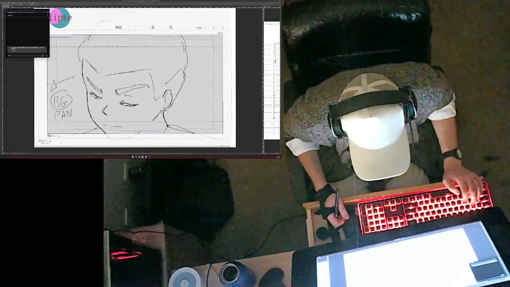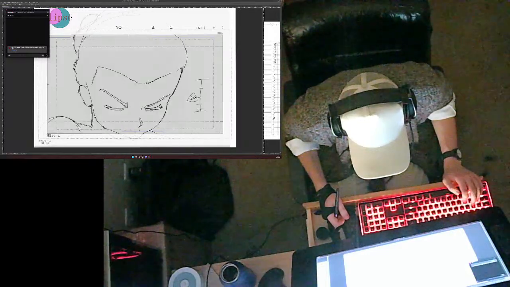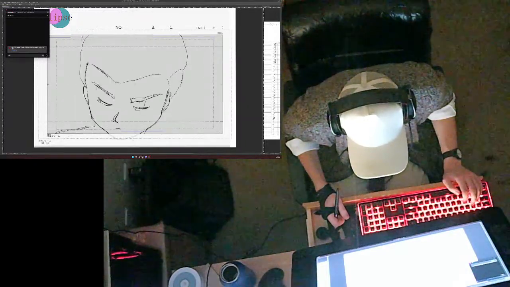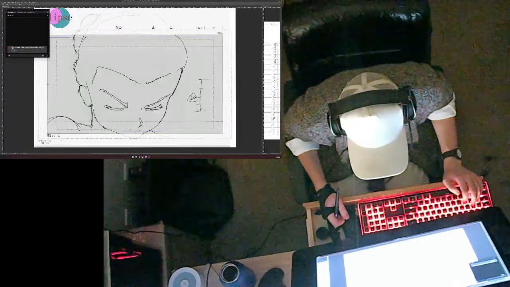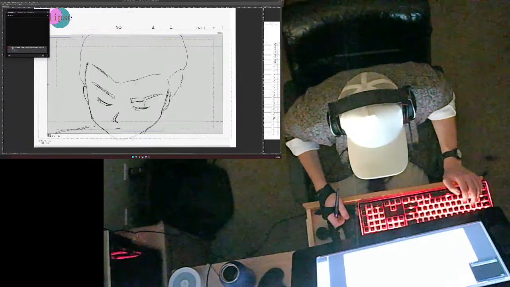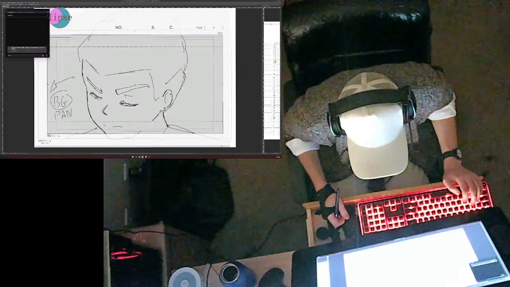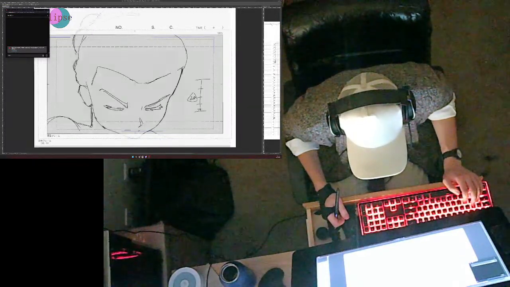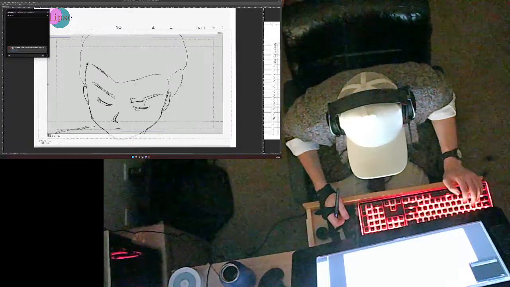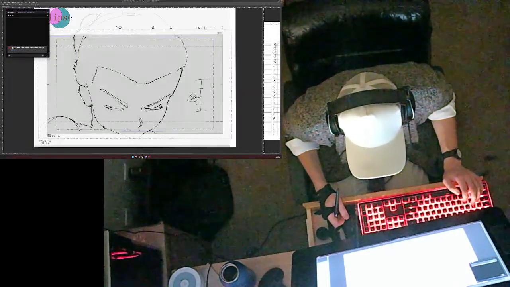Because you can kind of see, I think the main structure of her head is doing what I need it to do with her ears and face. And I think her shoulders are fine too, but her eyes and eyebrows, I'm not sure if those guys are moving the way that I want them to.